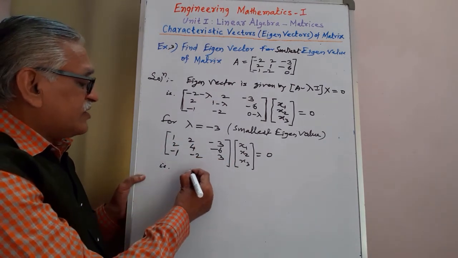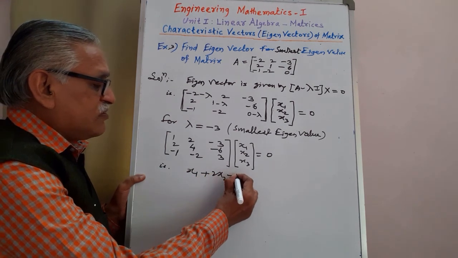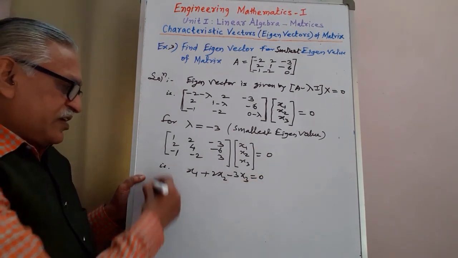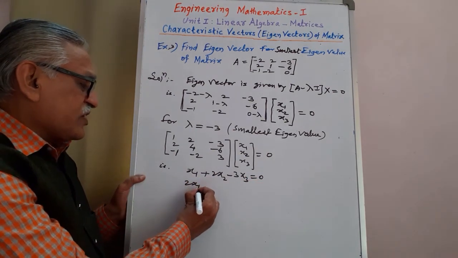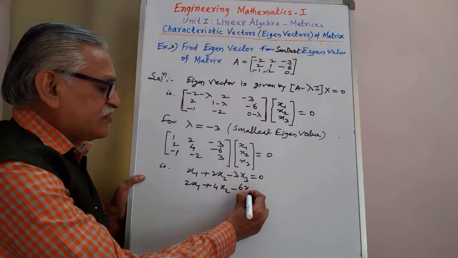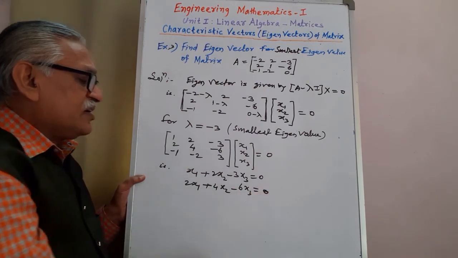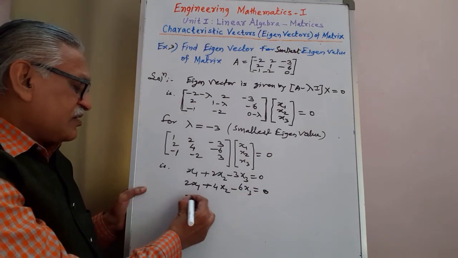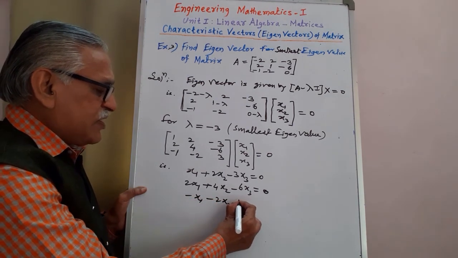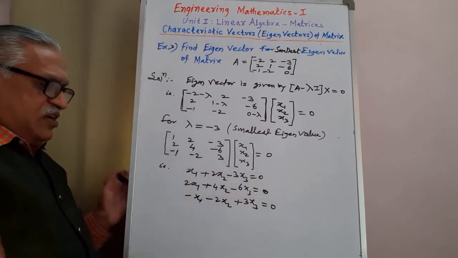Equations are x1 plus 2x2 minus 3x3 equals to 0. Second equation is 2x1 plus 4x2 minus 6x3 equals to 0. And the third equation is minus x1 minus 2x2 plus 3x3 equals to 0.